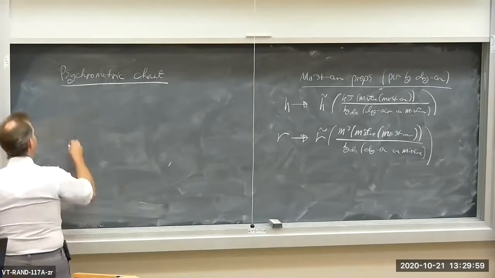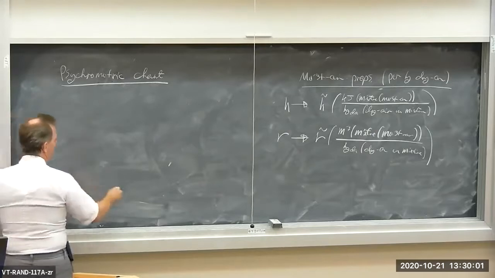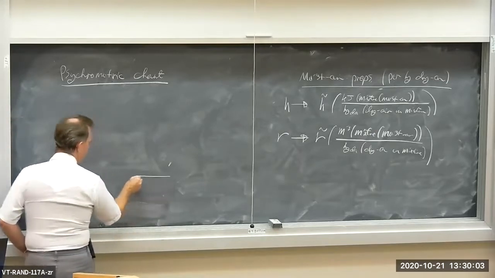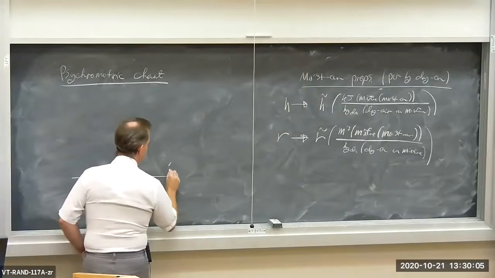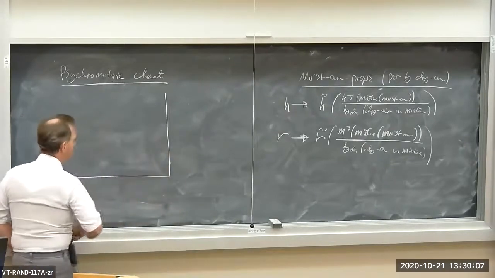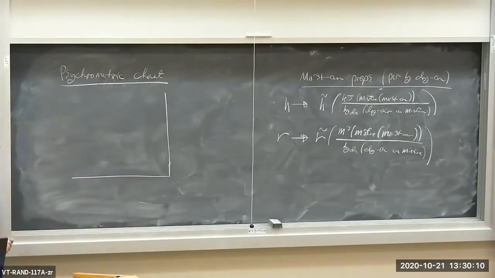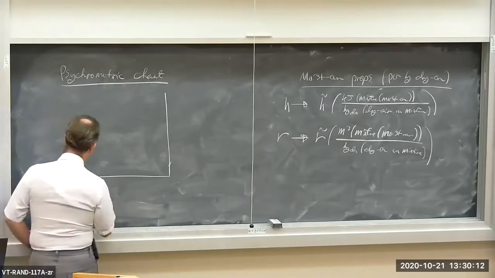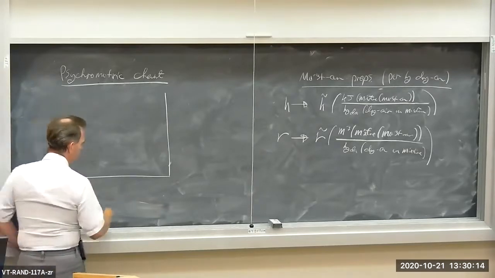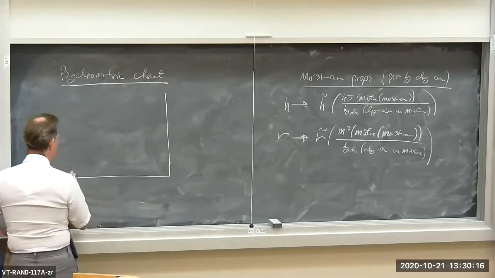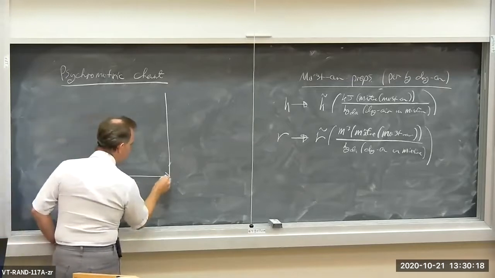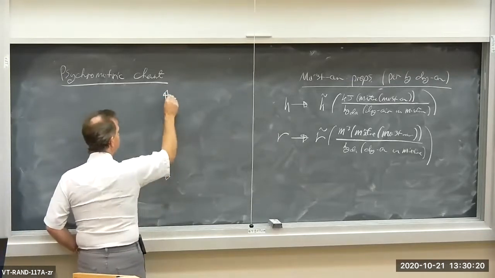Okay? So how does this work? Well, let's draw some axes here. So the psychrometric chart has this inverted axis here, increasing in this direction and increasing in this direction.